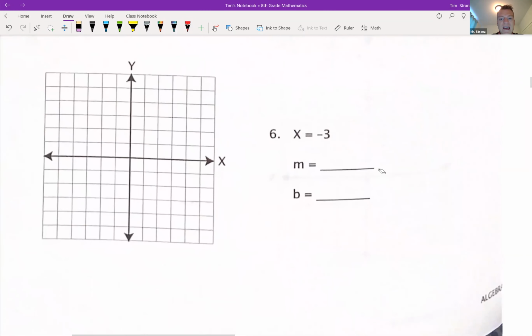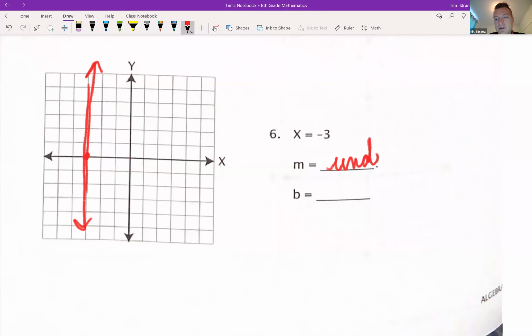And another one. So if we have x equals -3, okay? So if we find the x, -3, 1, 2, 3, right here. Okay, this time it's going to be a vertical line going right through -3. When we have a vertical line, remember the slope is going to be undefined because you cannot divide by 0. Because if we look at rise over run, if we had a point, right, we would have a point here, here, here, here, and it keeps going on and on right above, right?